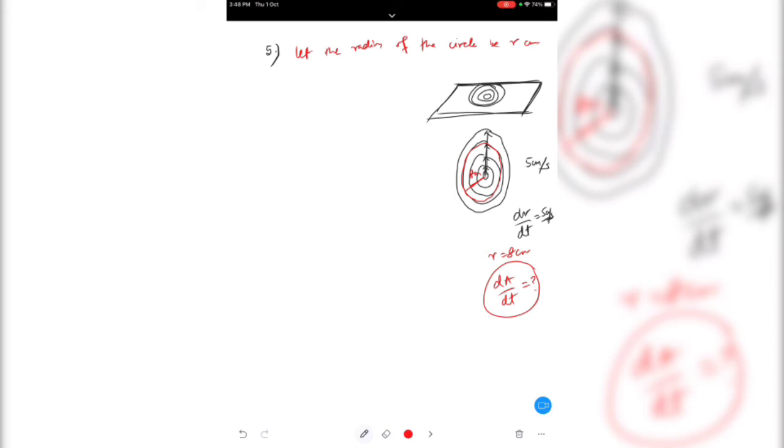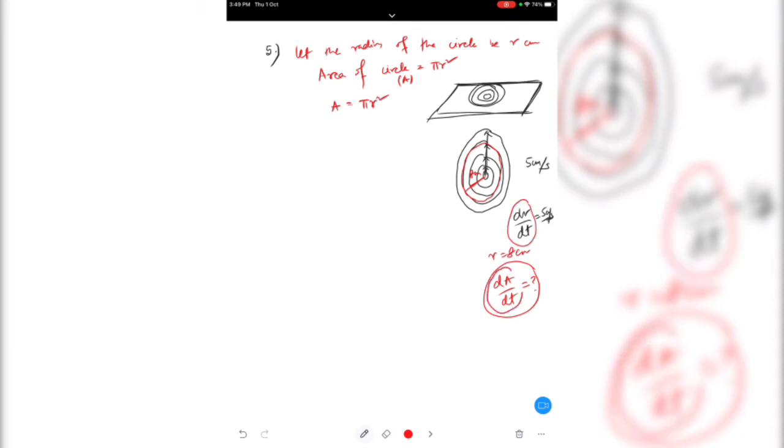If the radius of the circle is r, can you tell me what is area of the circle? It's so easy. Area of the circle is pi r square, right? Again you have to write A in here, and my job is finished. After this we don't have to do anything. If area of the circle is pi r square, so I will write this equation, A is equal to pi r square.